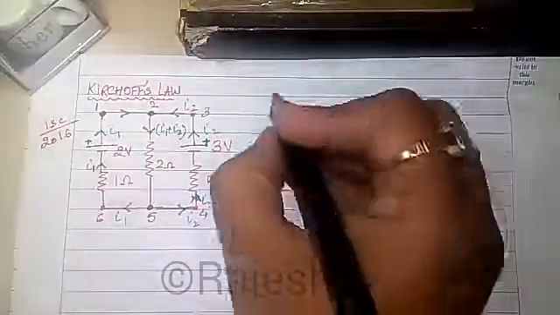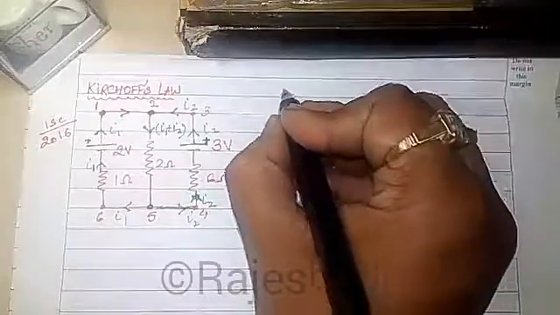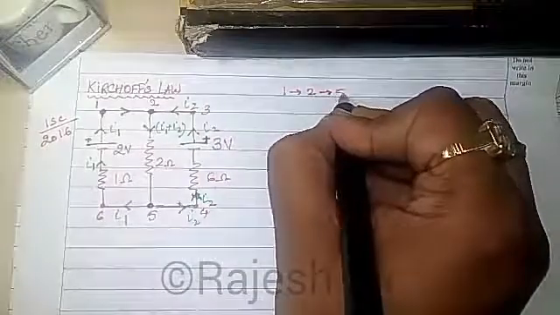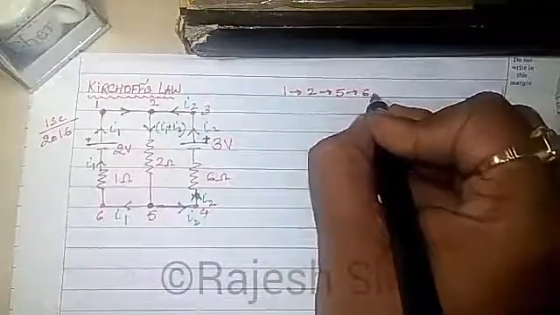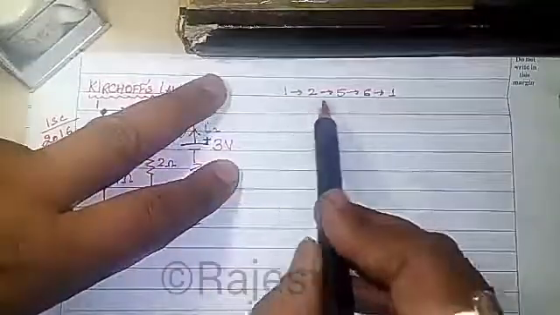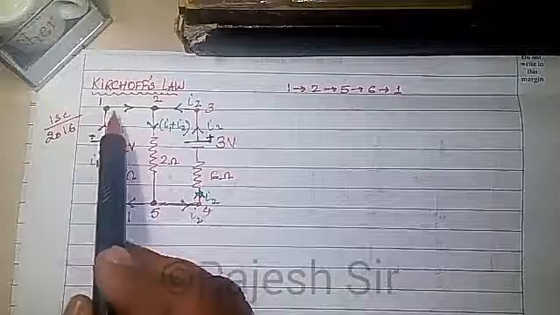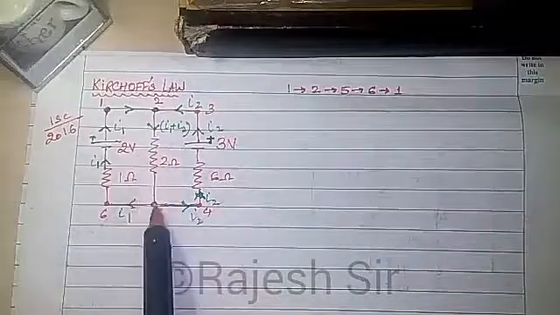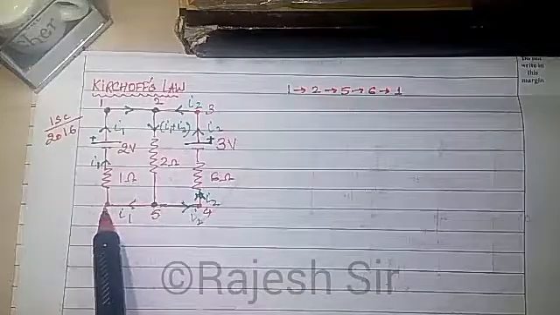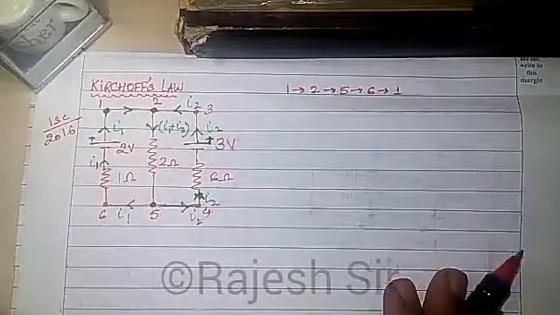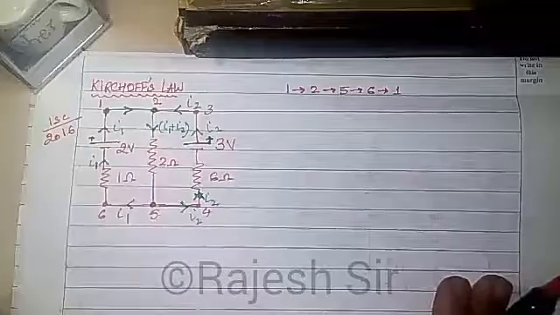The first mesh that I am going to choose will be 1, 2, 5, 6, 1. I have written down 1, 2, 5, 6, 1 as I am going to travel in the mesh. So 1 to 2, 2 to 5, 5 to 6, 6 to 1. This is the direction of travel and is independent of the direction of current flow.